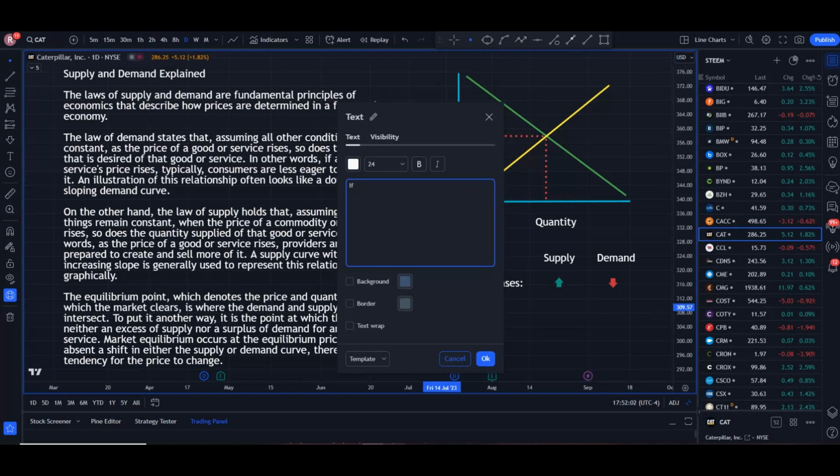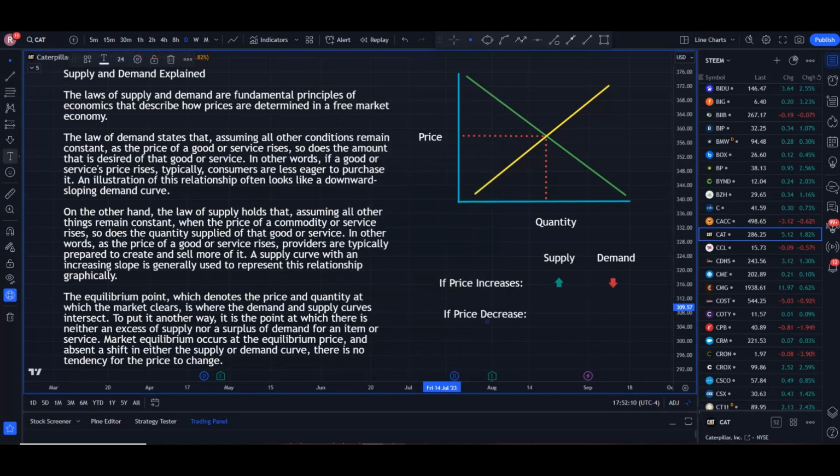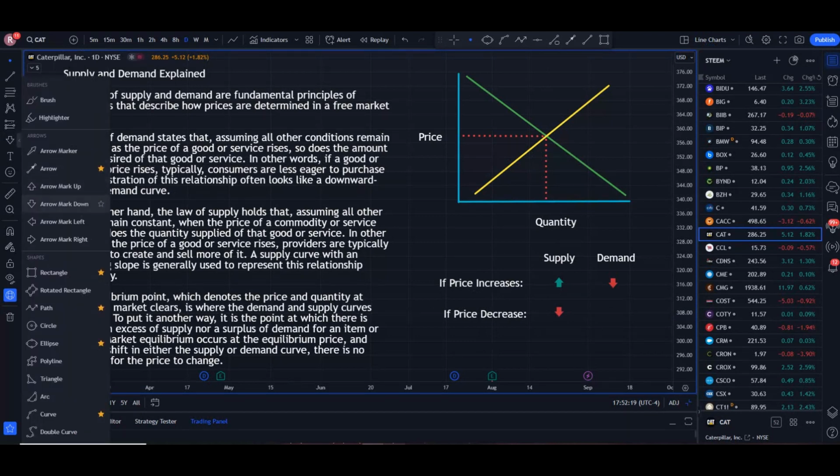So what happens if prices decrease? Well, supply is going to go down and demand is going to go up.